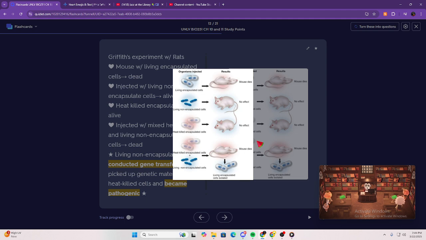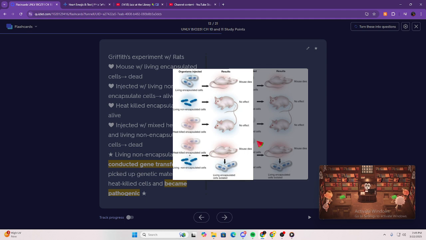When injected with living non-encapsulated cells, nothing happened. When he injected heat-killed encapsulated cells, the previously living encapsulated cells killed with heat, nothing happened. But then he decided to combine the two, the living non-encapsulated cells and the heat-killed encapsulated cells, and see what happens to the mice.